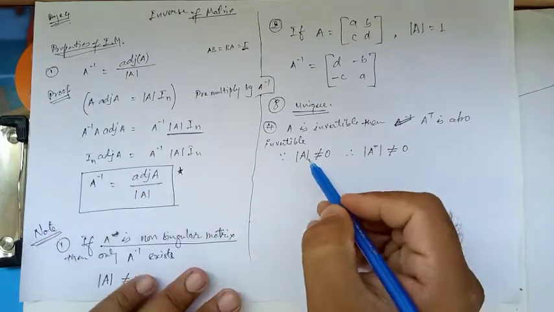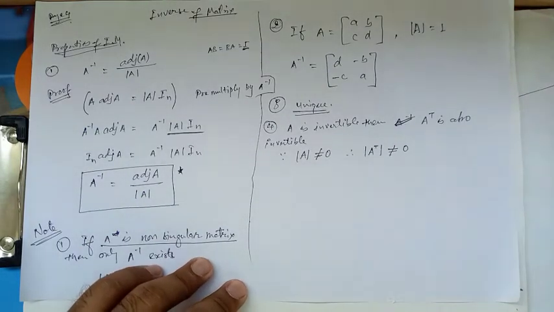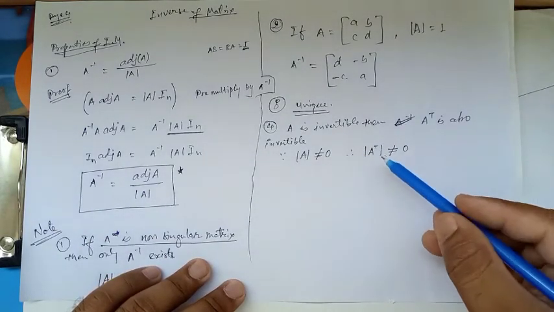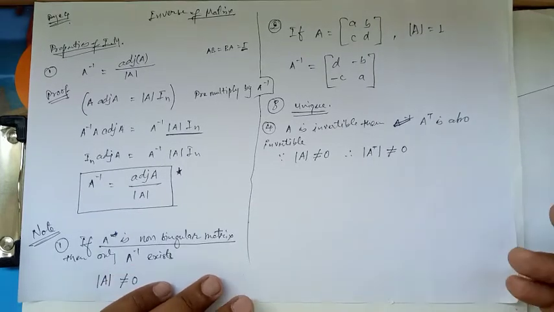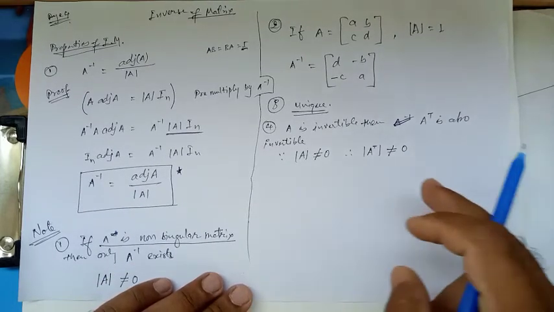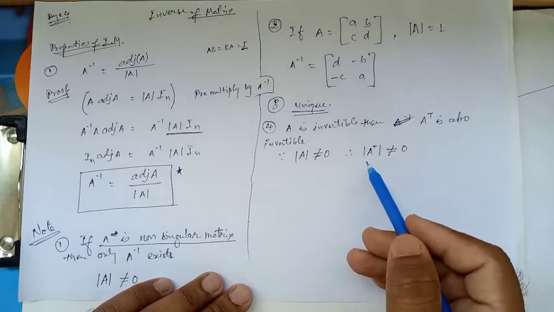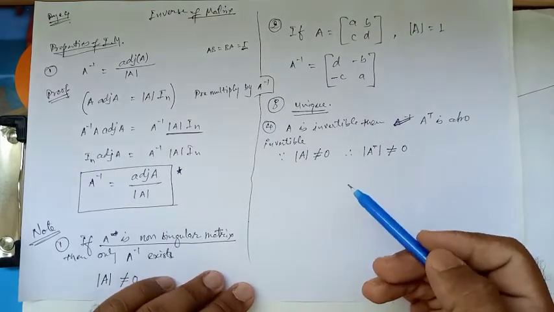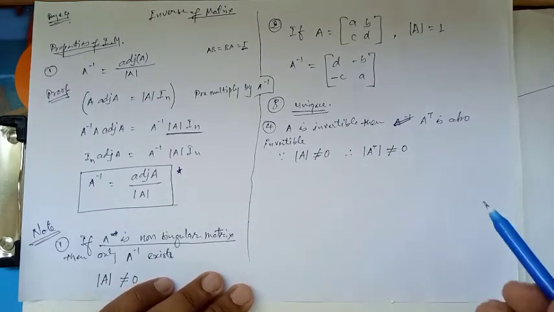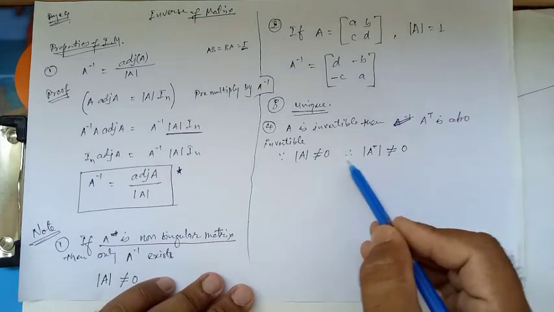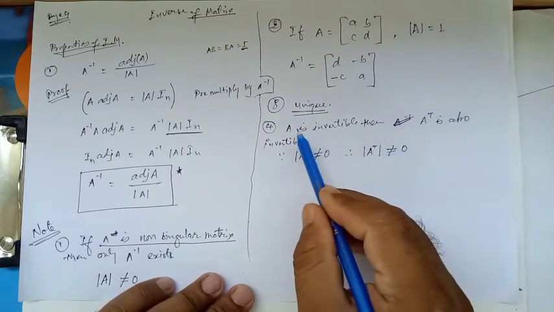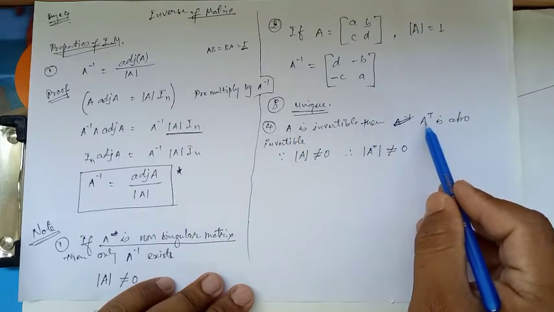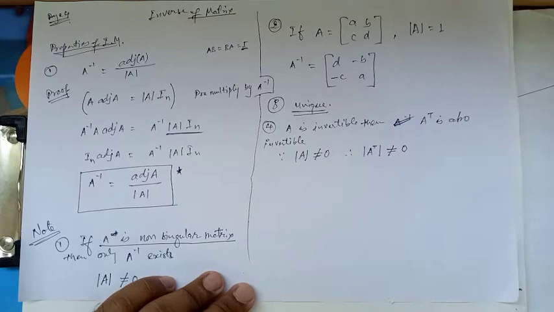Why? Because in a matrix we can find the transpose, but in the determinant we get the same value as whatever the transpose is. That is because of property number 1 in determinants, that we can interchange rows to columns and columns to rows, and we get the same determinant value. Therefore, if this is not equal to 0, then definitely this is also not 0. So if A is invertible, then A transpose is also invertible.